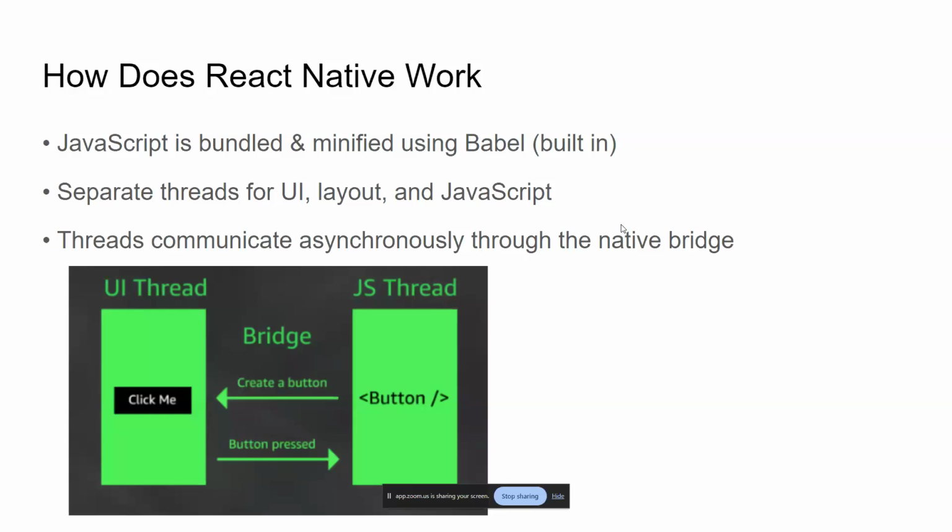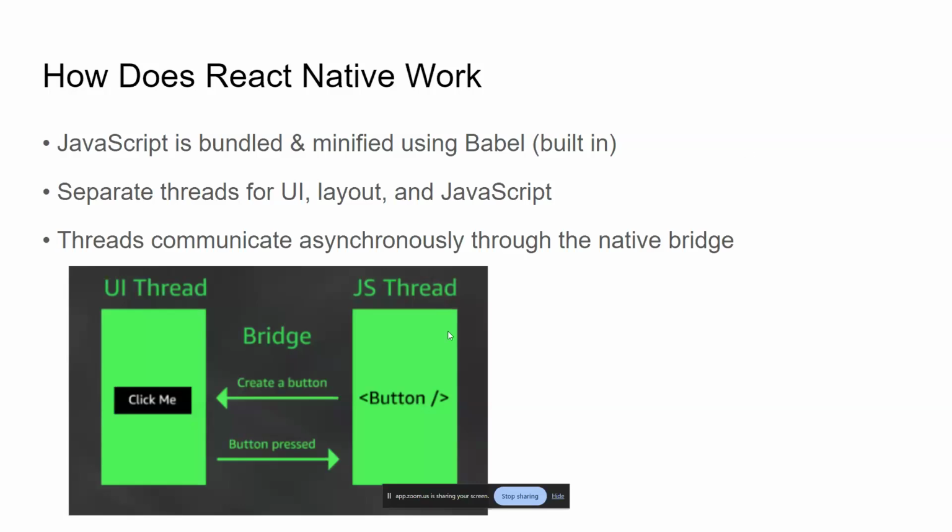The threads communicate asynchronously through the native bridge. Asynchronously means it will not wait for one thread to perform its action before the next thread starts; many functions can execute in parallel at the same time.